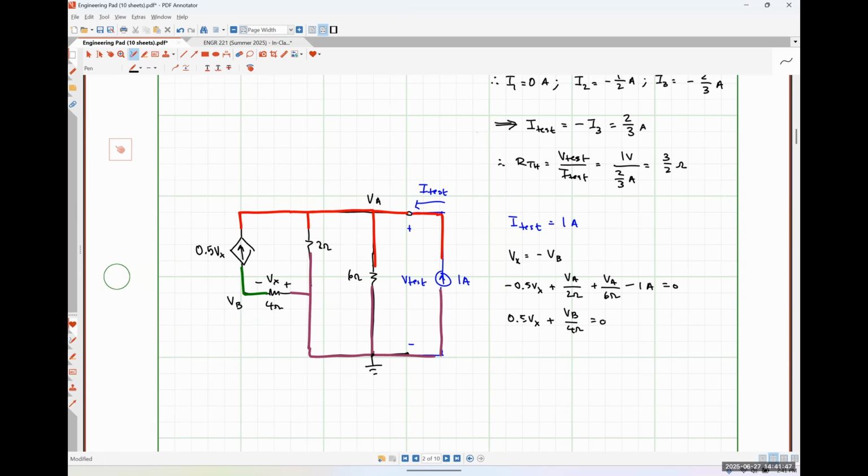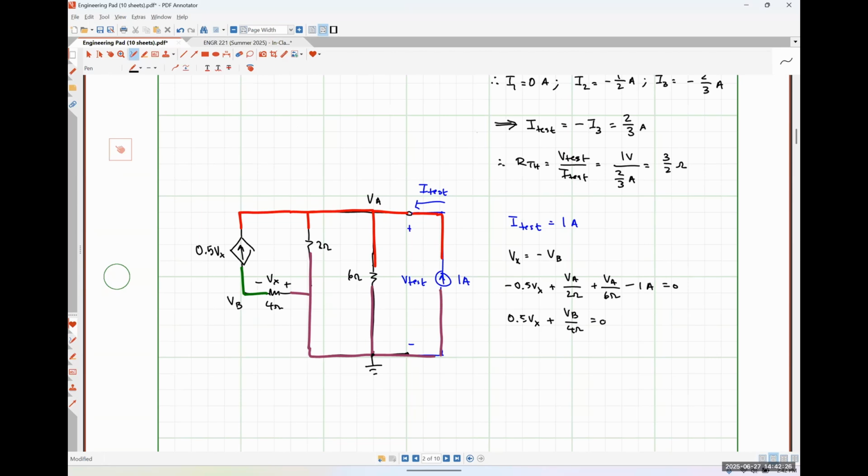So in my first equation, my coefficient for VA is 0, my coefficient for VB is going to be positive 1, and my coefficient for Vx is going to be positive 1. I'm just moving everything to the left-hand side of the equal sign. And my constant term is going to look like 0. In my second equation, my coefficient for VA is going to be 1/2 plus 1/6, my coefficient for VB is going to be 0, my coefficient for Vx is going to be negative 1/2, and my constant term is going to be plus 1 amp.